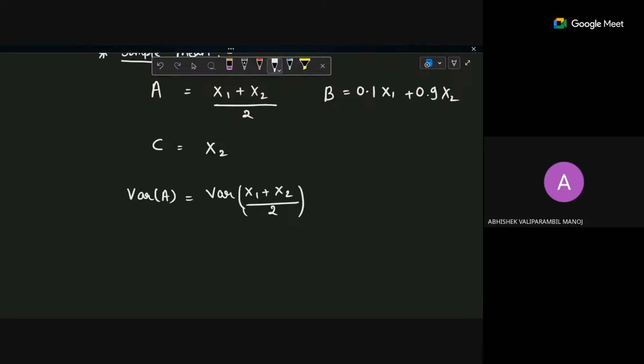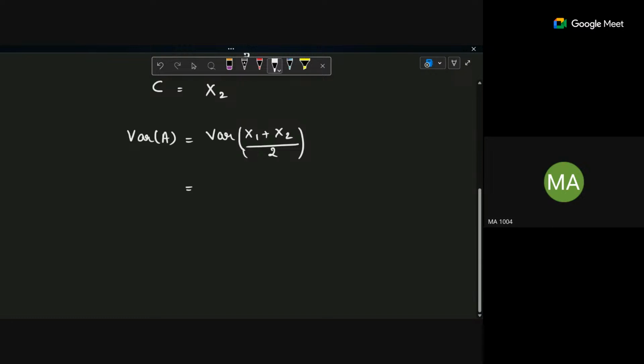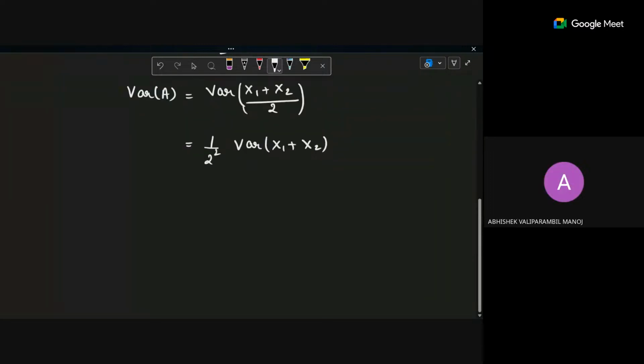That is 1 by 2 the square, variance of x1. 1 by 2 will come out, so it will become 1 by 2 square. So now, can we separate them over addition? Yeah, we can, as x1 and x2 are independent. Independent, right? Variance of x1 plus variance of x2.